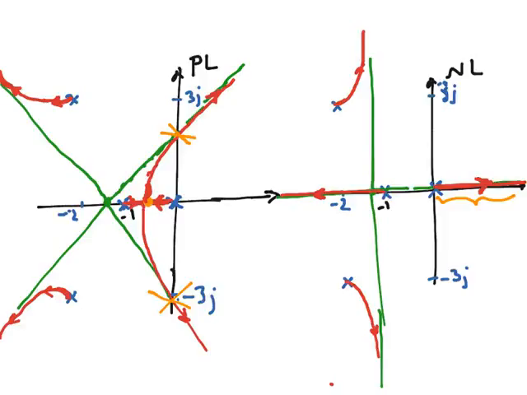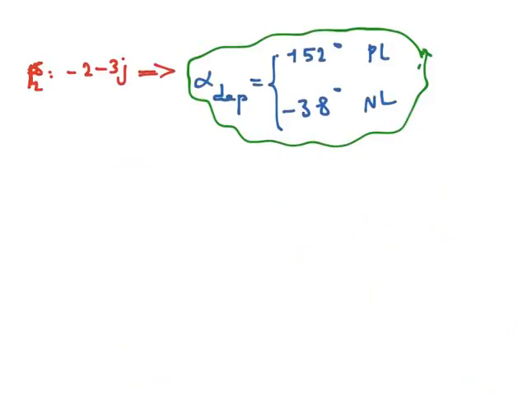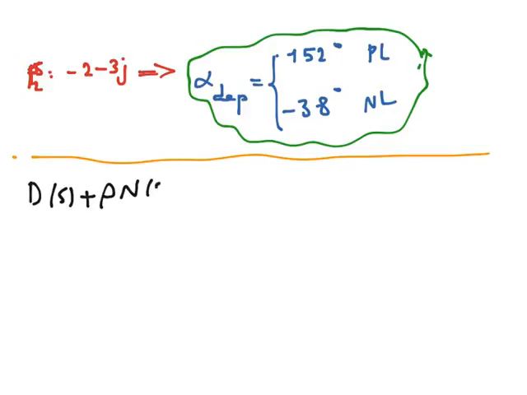So we need to find the values of Kp such that the closed loop system is stable. So how to do that? If we want to have our system stable, we can again use the Routh criteria. I will continue from here. In order to use the Routh criteria, we need to form the characteristic equation, D(s) plus rho times N(s) is equal to 0.